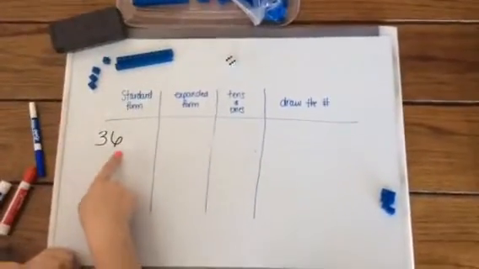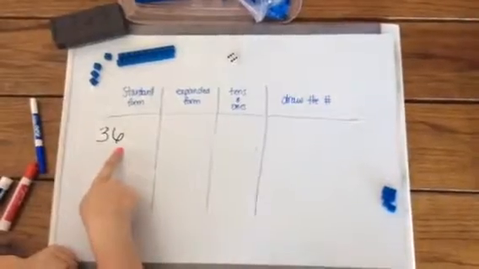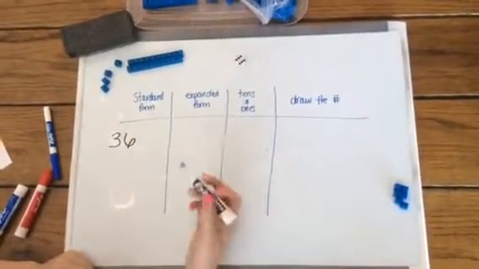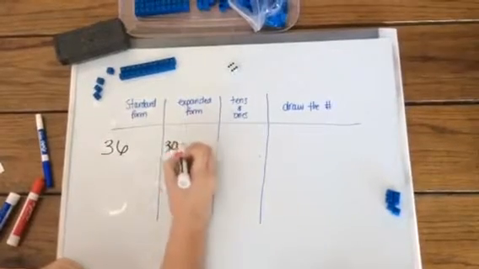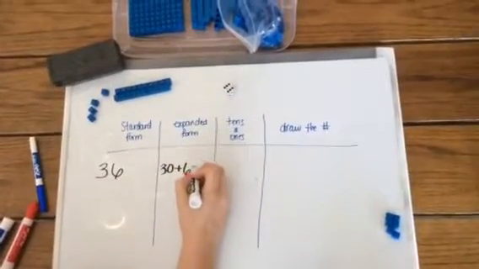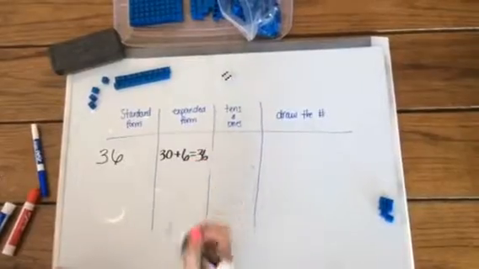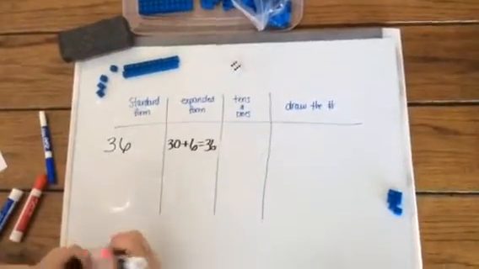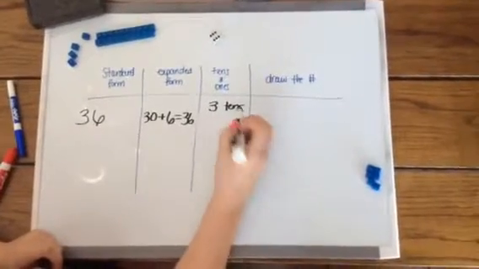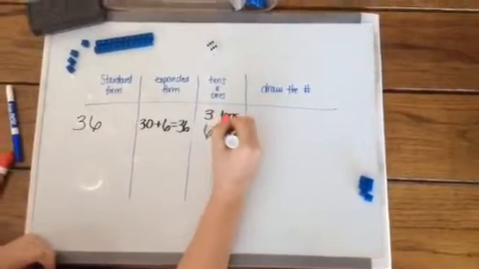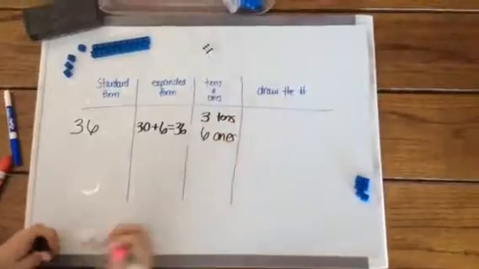We have 36. And then our expanded form would be 30 plus 6 equals 36. Then we would have 3 tens and 6 ones.